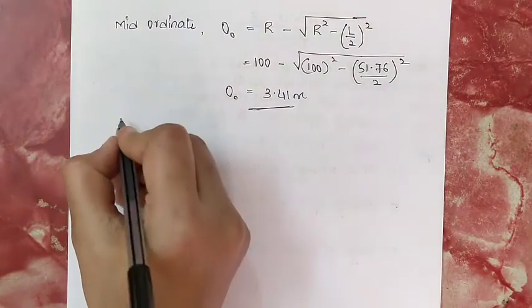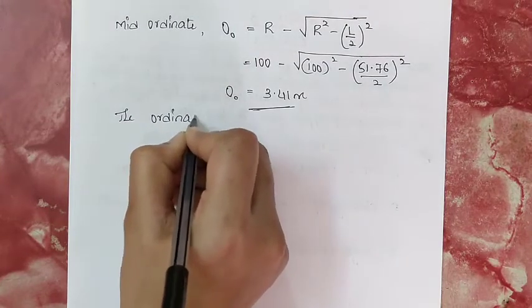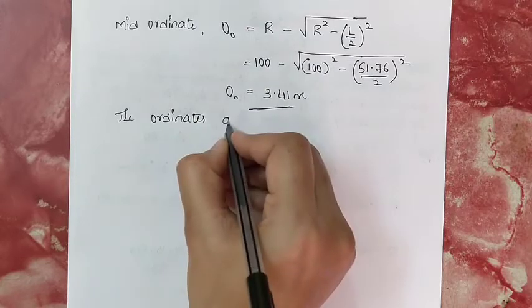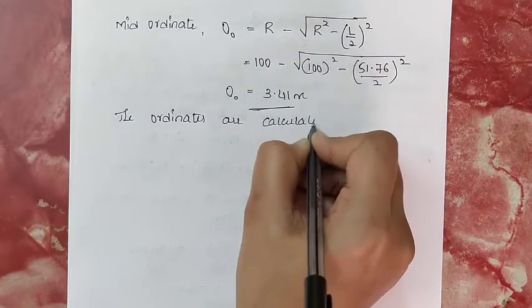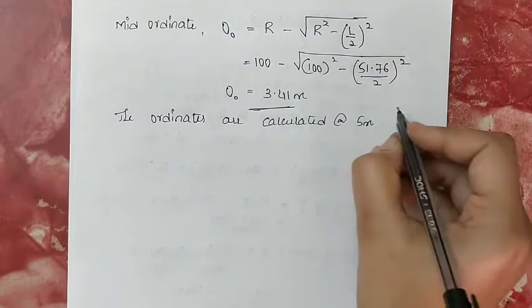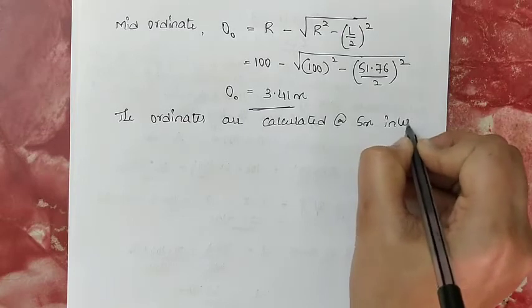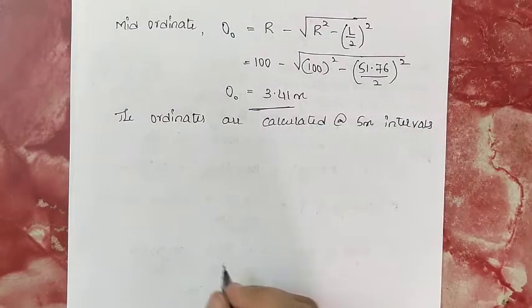Next, the ordinates are calculated at 5 meter intervals, starting from the center towards T1 for the left half.